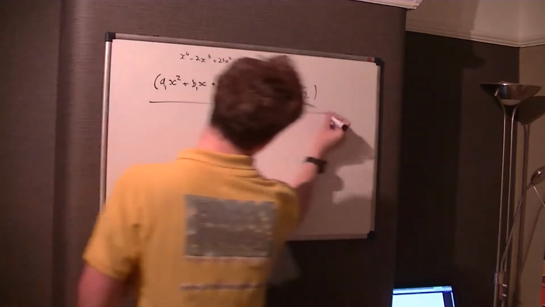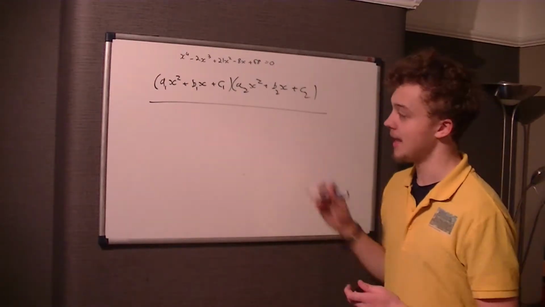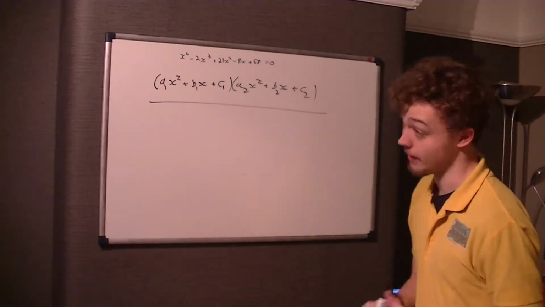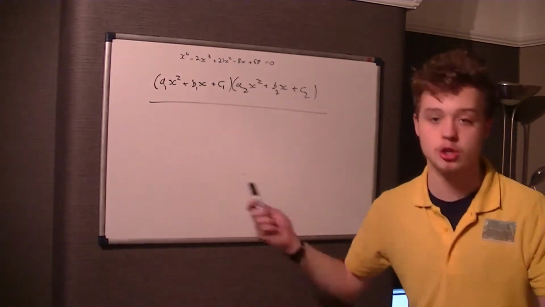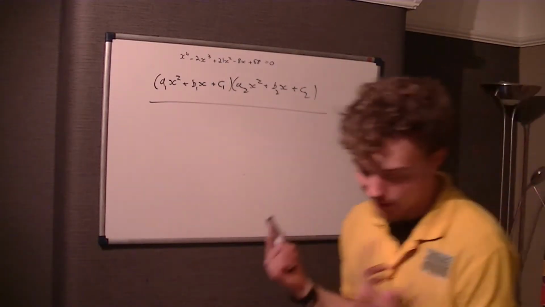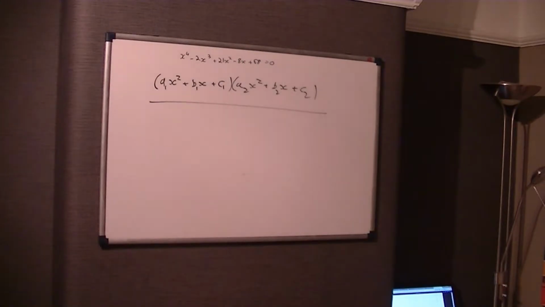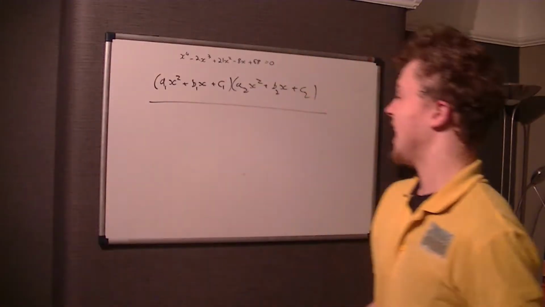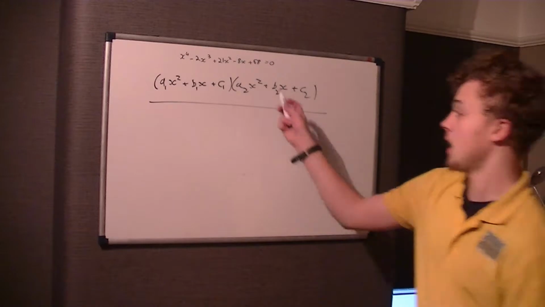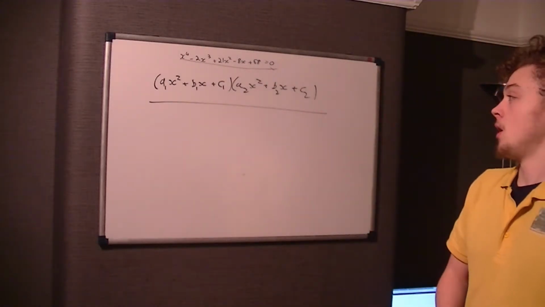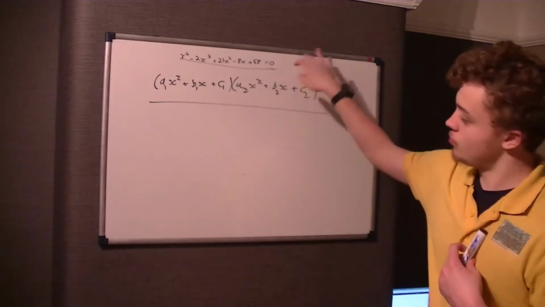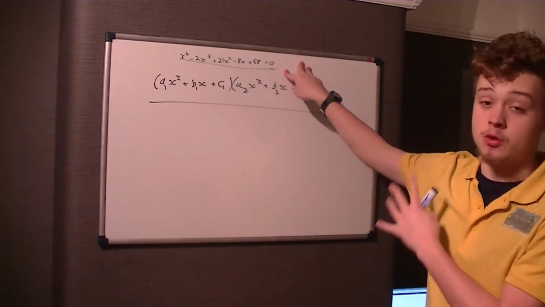The a1 is just the number in front of the x squared, and a2 is another number in front of an x squared. So basically we have 2 quadratics there. If you were to multiply them out, you could get this, depending on what the values of a, b and c are. So this really factorises into 2 quadratics.